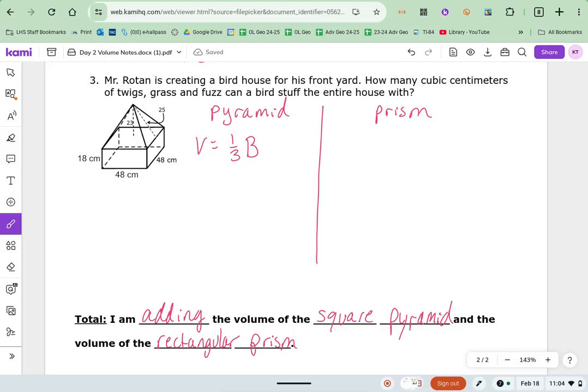I did the 48 times 48. Well, no, 18 is the height of the prism. 23 is the height of the pyramid. The vertex is in here. You got it right. So you can use that one. I think the height of yours is 23.